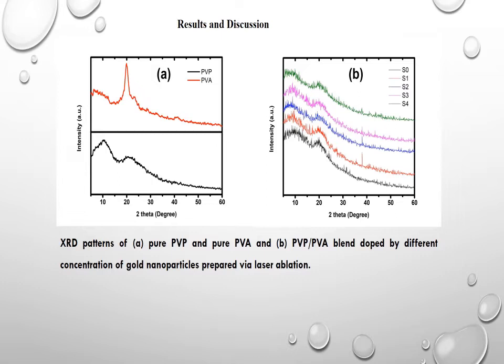Then in pure PVB, the figure shows two high peaks at about 11.83 and 20.87 that confirm the semi-crystalline nature of PVB and PVA.